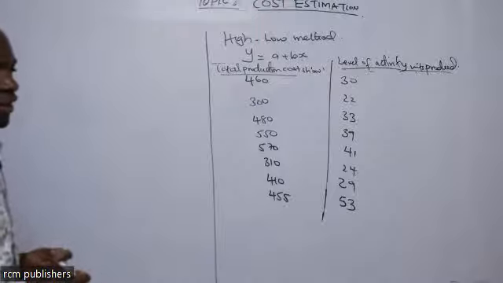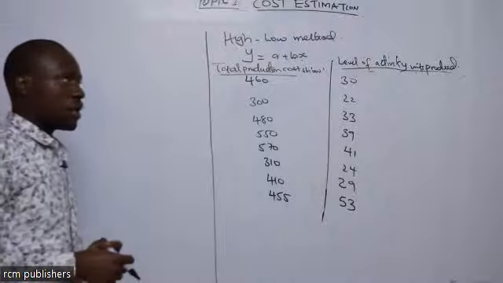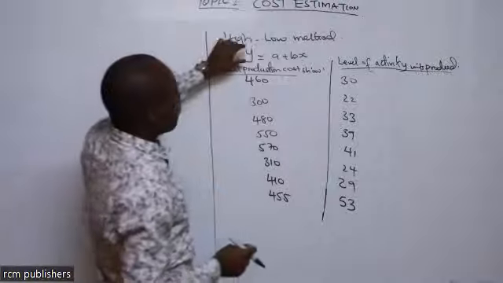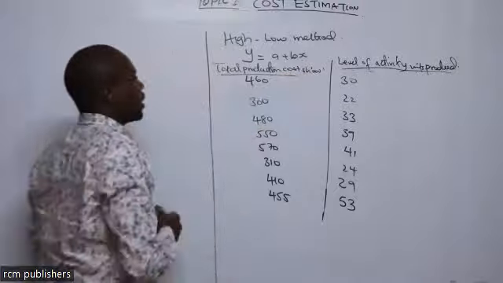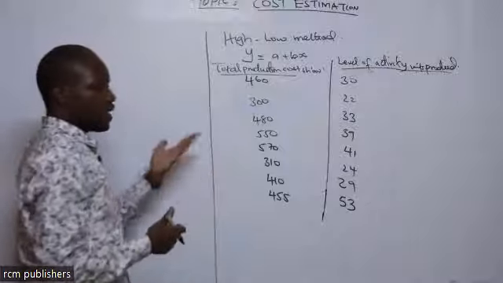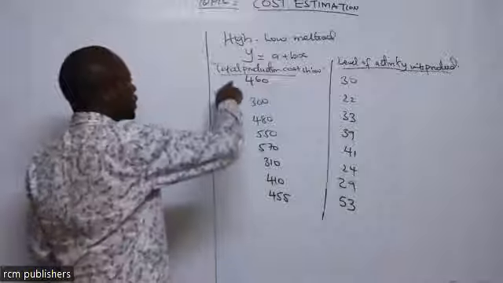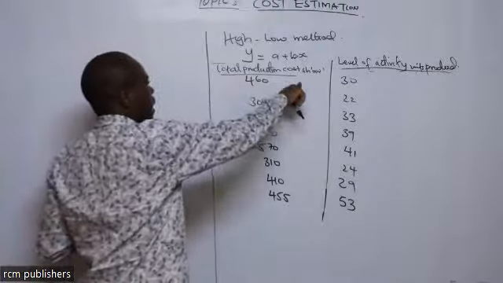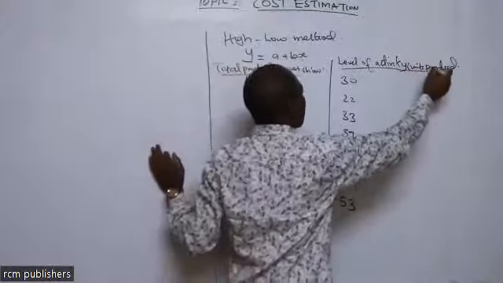Which one are we going to have as y? Remember, we said y is the dependent variable and x is the independent variable. Now, if you look at this data set, this is the total production cost and then the level of activity in brackets, units produced.